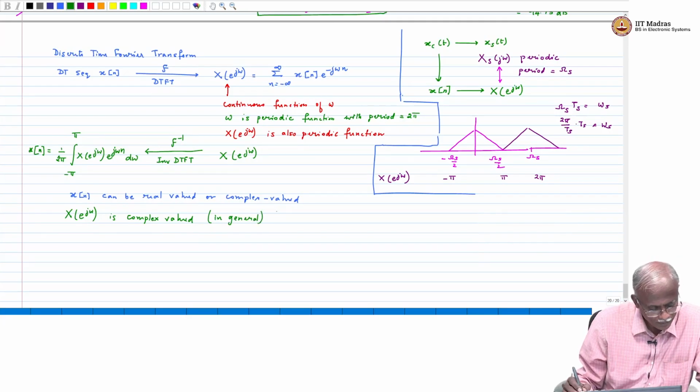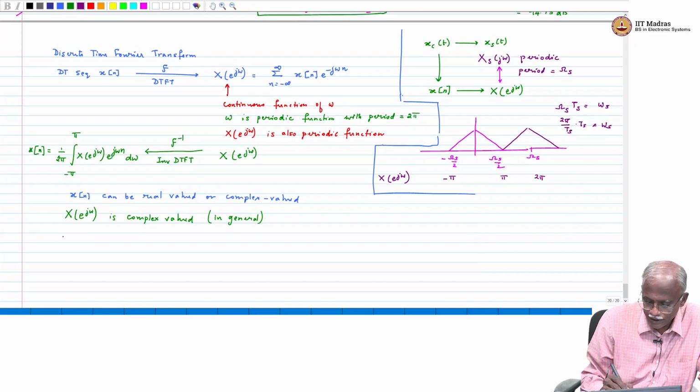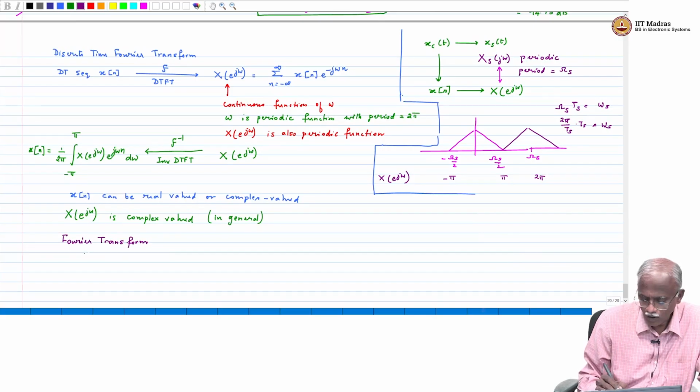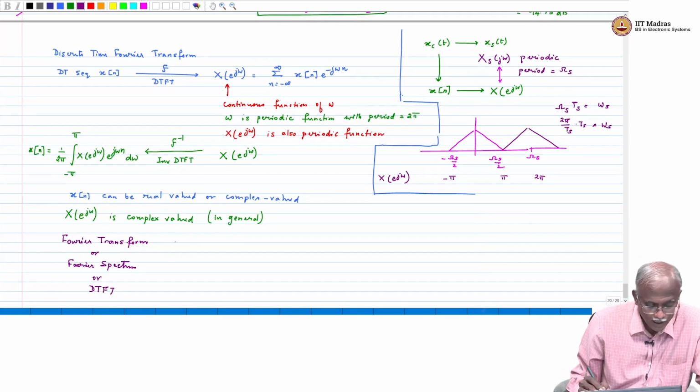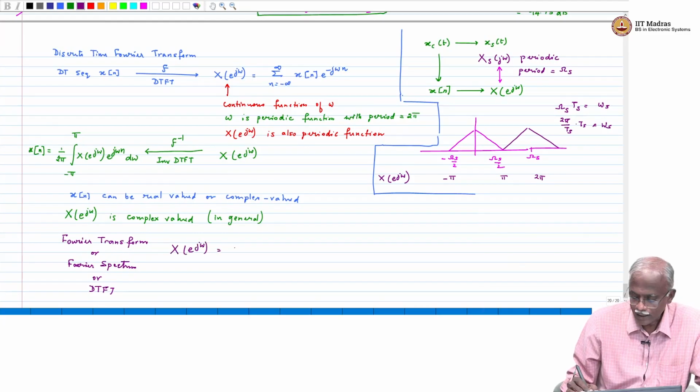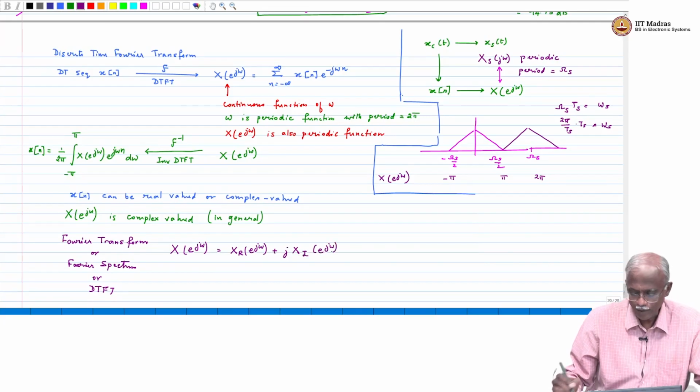Now, if it is that case, then the Fourier transform, or call it the Fourier spectrum or the DTFT, all of these we say are referring to the same thing, can be represented as Xe of j omega as a real part and a corresponding imaginary part, Xie of j omega. Okay.